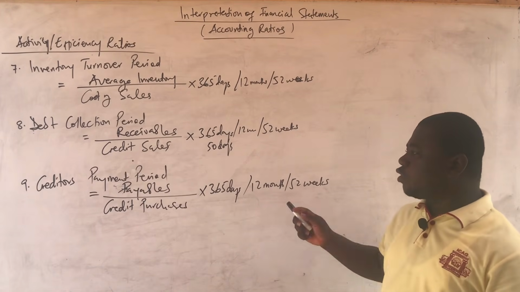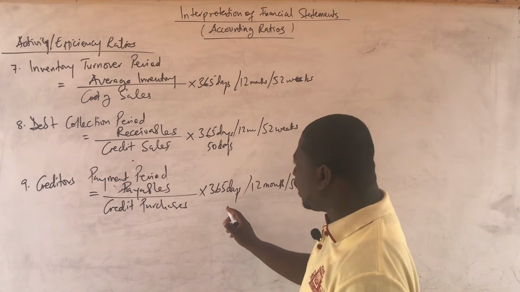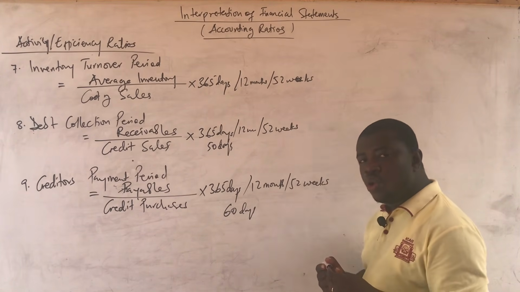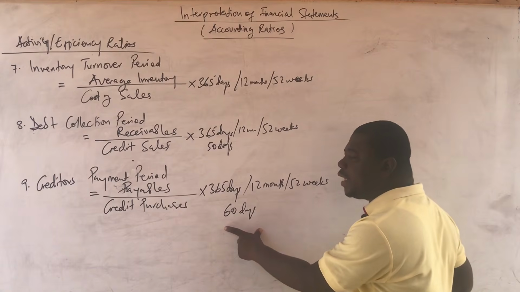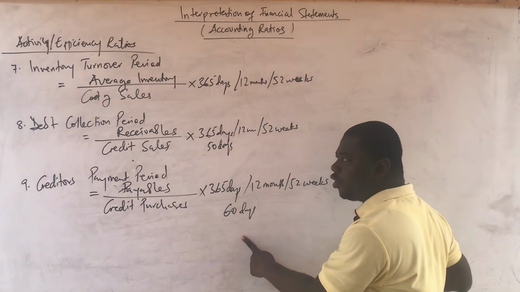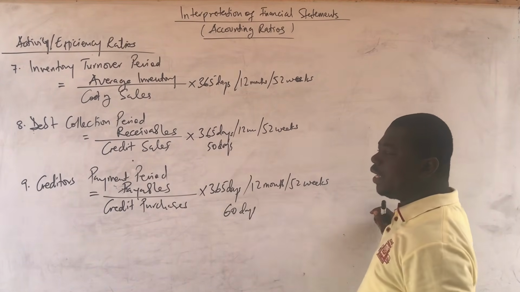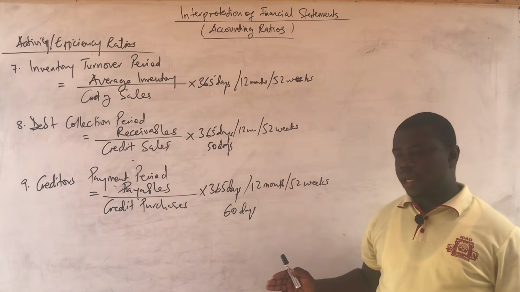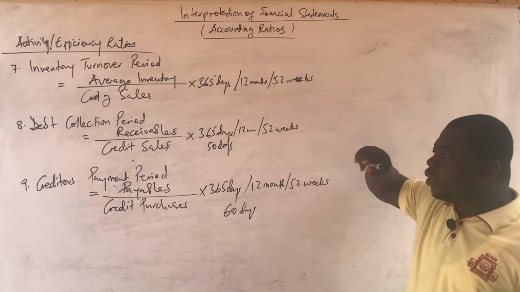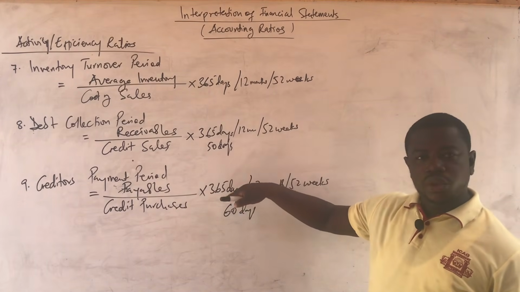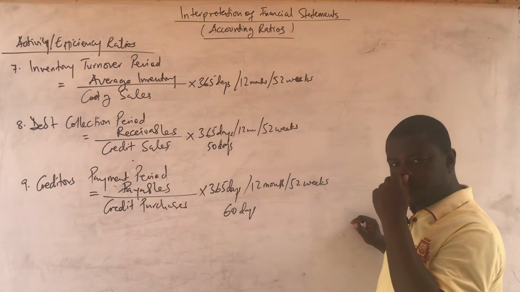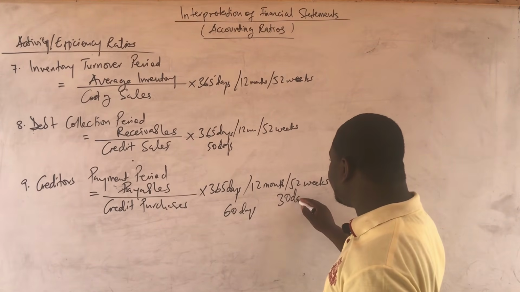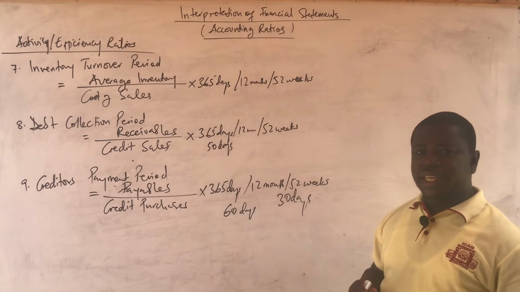There is a criteria. Let's also look at this. If your creditors have 60 days, so creditors will give you 60 days before they come for their money on the average, and debtors, it takes 50 days for you to collect, then comparatively it is good because you take your money and you have 10 days to spare before you pay. What is bad is that your creditors have given you, let's say, 30 days to pay them back, but you have given your debtors 50 days.